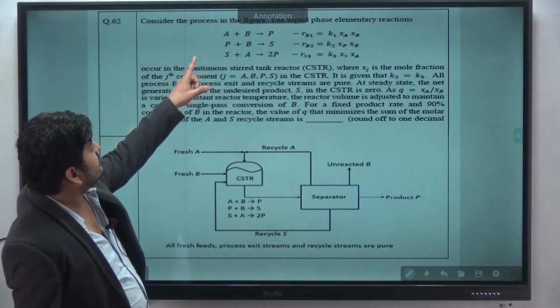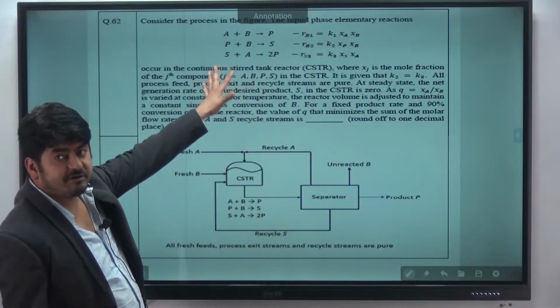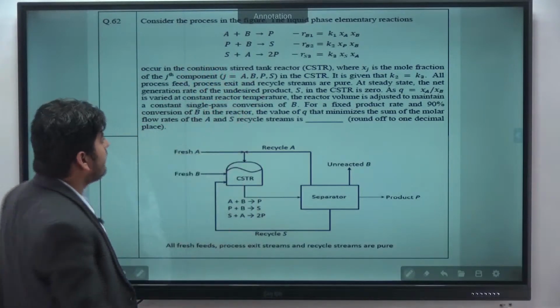Consider the process in the figure. This is the figure. Liquid phase elementary reactions are given like this.